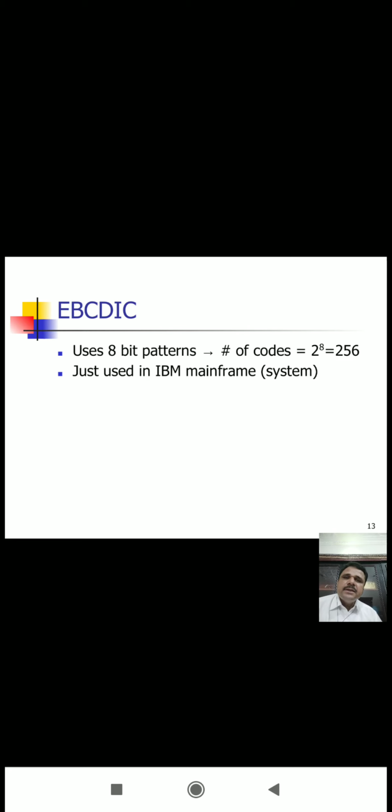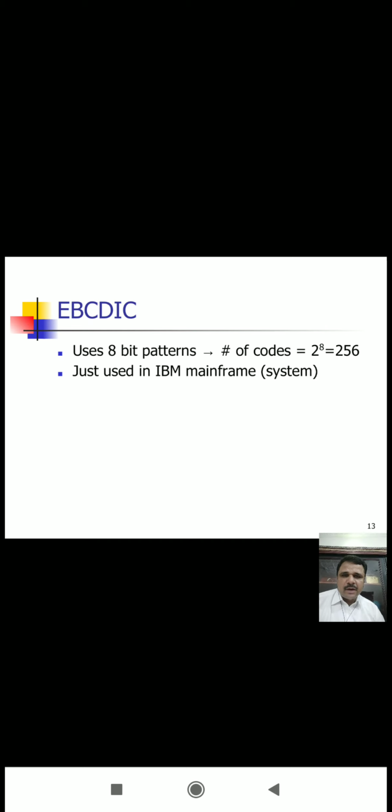The next one is EBCDIC, extended binary coded decimal interchange code. It uses 8-bit patterns like extended ASCII. So, how many codes can be generated?